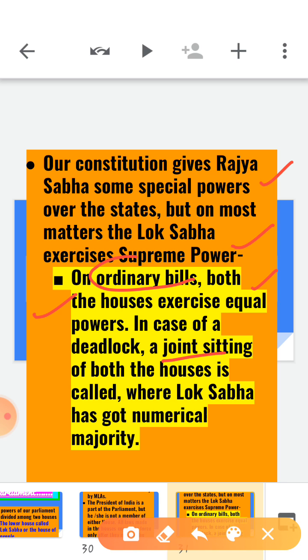Because of the larger number of members, the view of Lok Sabha is likely to prevail in such a meeting. Clear? So any ordinary bill or law needs to be passed by both the houses, but if there is a difference between the two houses, the final decision is taken in a joint session.